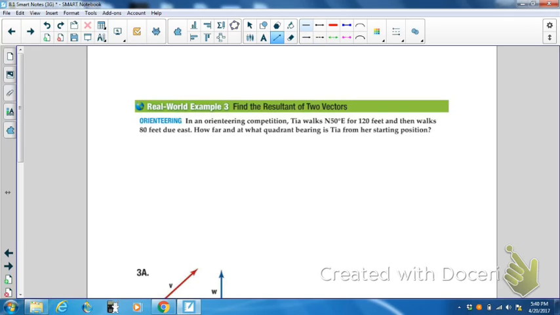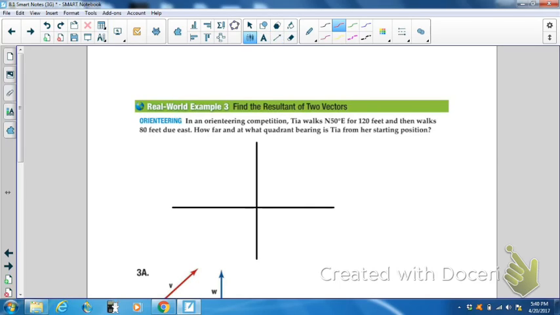So I've got north, south, east, west, so I'm going to do a coordinate system here. I have north, I have south, I have east, and west.